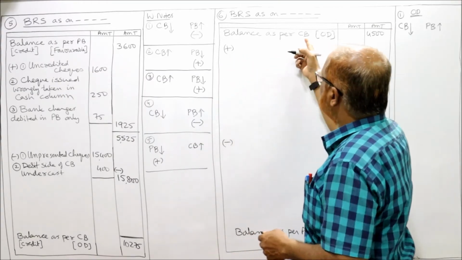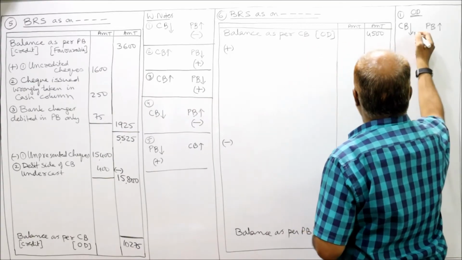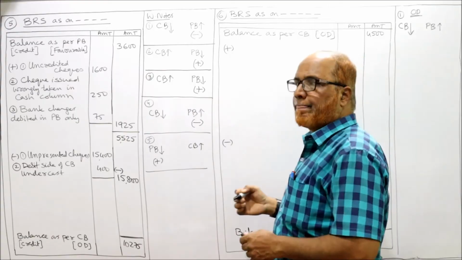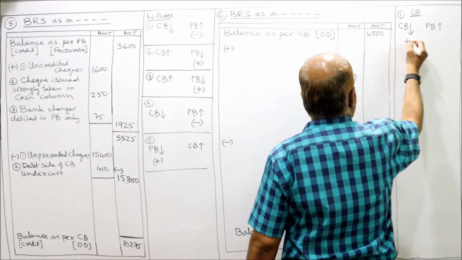Our starting point is cash book. So cash book is showing less balance. Less means we have to add.